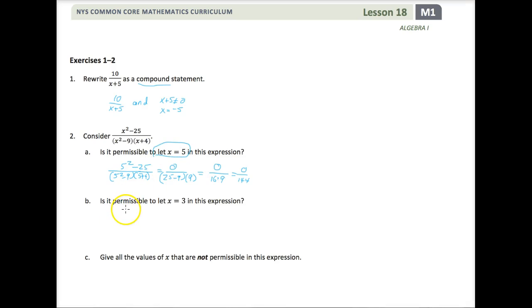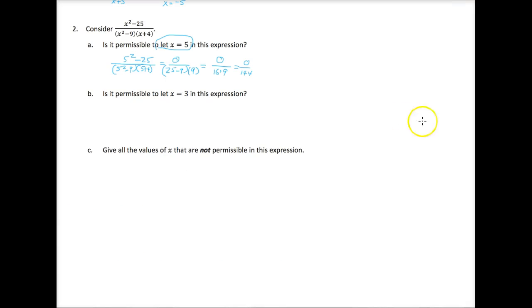Is it permissible to let x equal 3? That's another question. Let's start over again. 3 squared minus 25. So far, I think that's okay. And then we have 3 squared minus 9 times 3 plus 4.